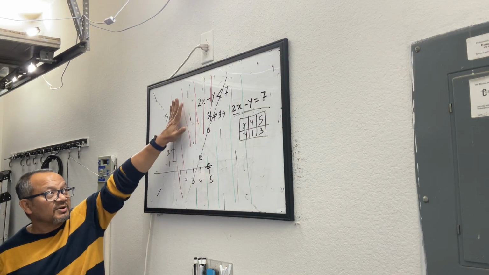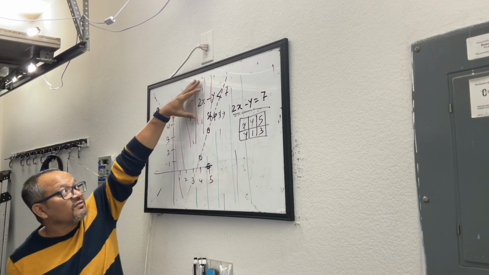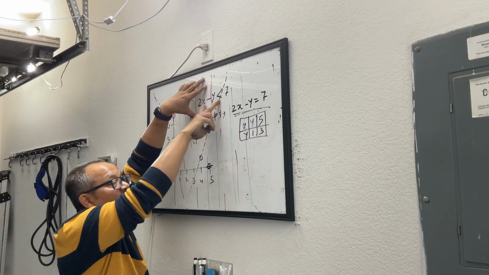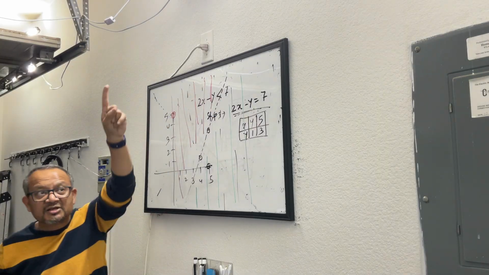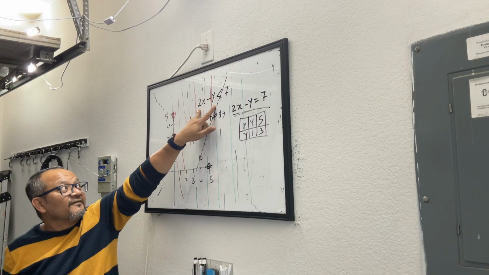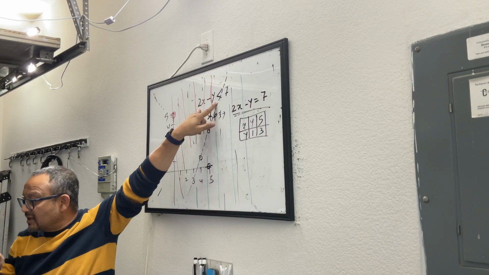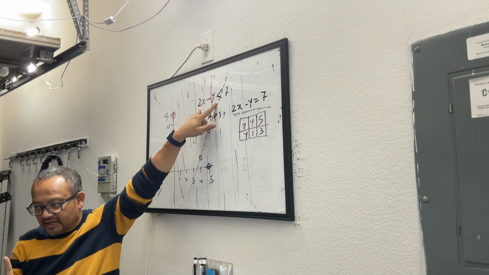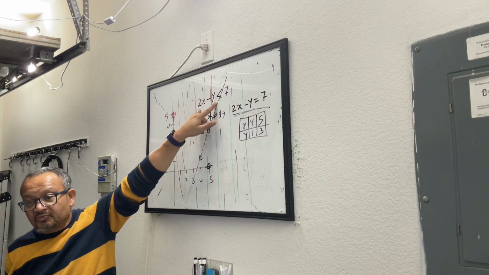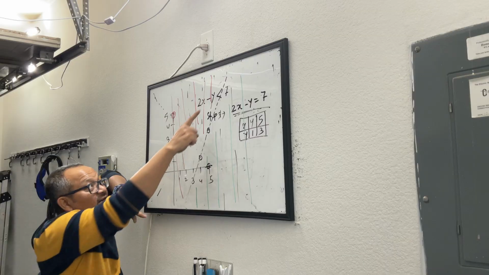So coming to this one, what I was trying to convey was that whenever you are dealing with an inequality, one thing that should come to your mind is that it's not going to draw a line for you. You're not going to make any assumption based on the greater than or less than sign.